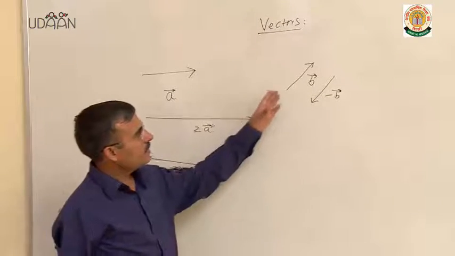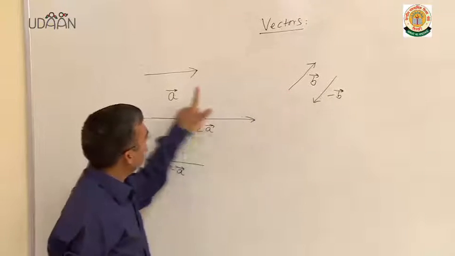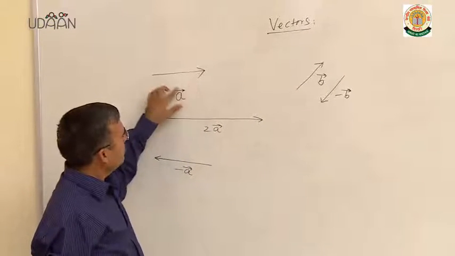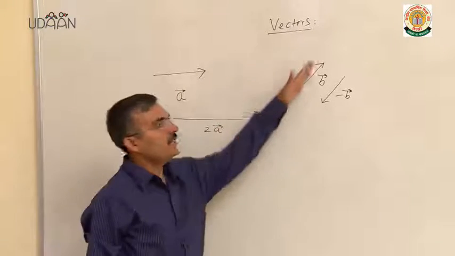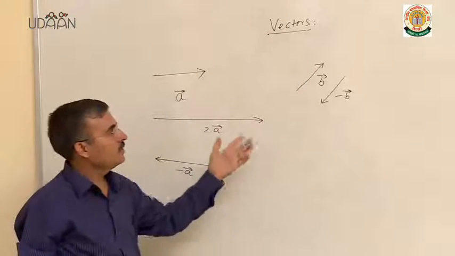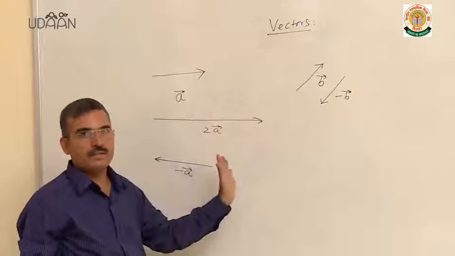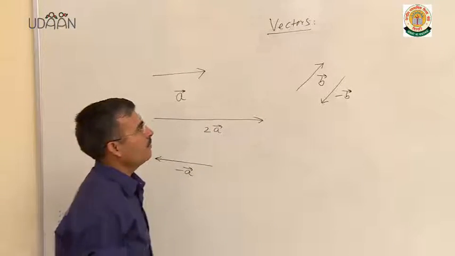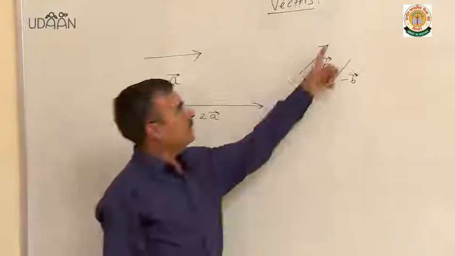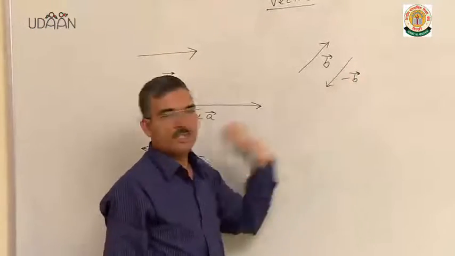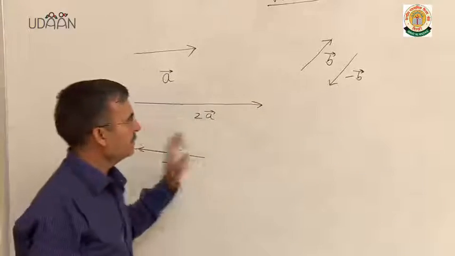The second vector is the B vector. Its direction is different, because A vector is in this direction and B vector in that direction. So vectors are different because of direction. Negative of B vector has the same length, direction opposite to B.